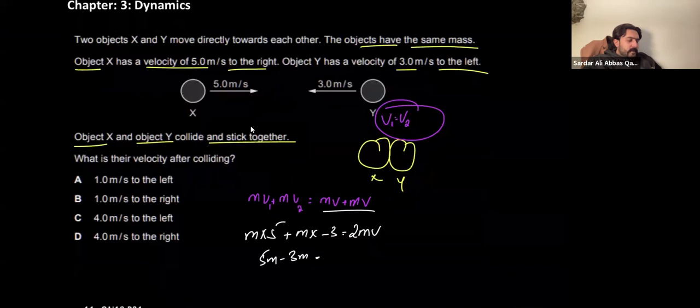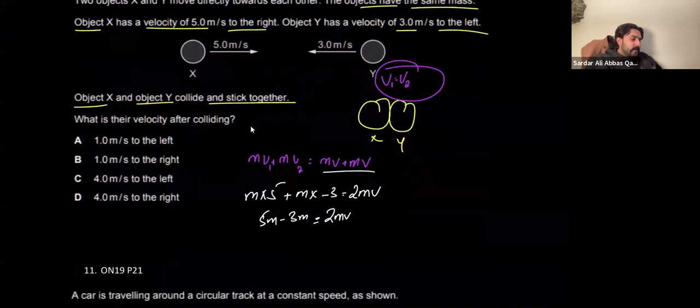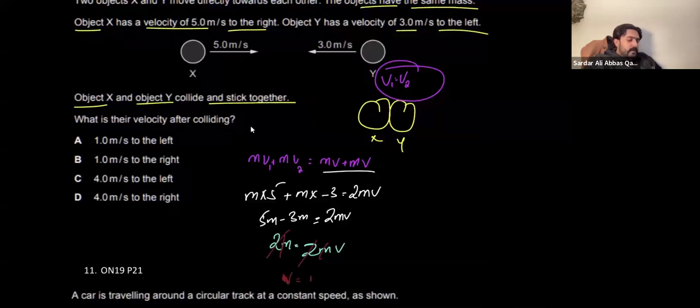This is a relatively difficult topic question, but I'm sure you guys will understand this. So 2m is equal to 2mv. m and m cancel out, 2 and 2 cancel out. So my velocity is positive 1 meter per second. My answer is positive 1 meter per second.